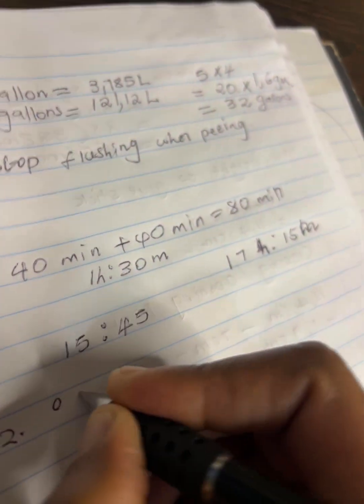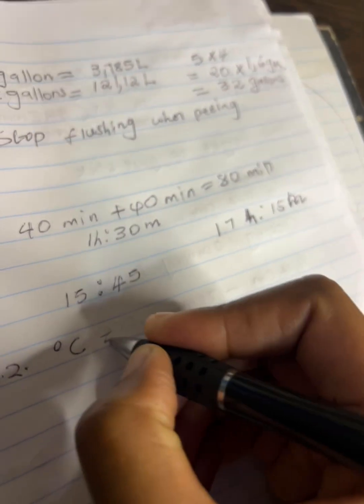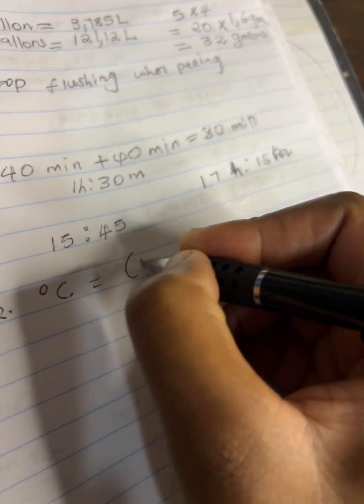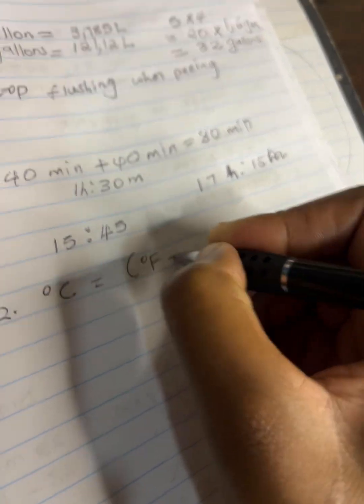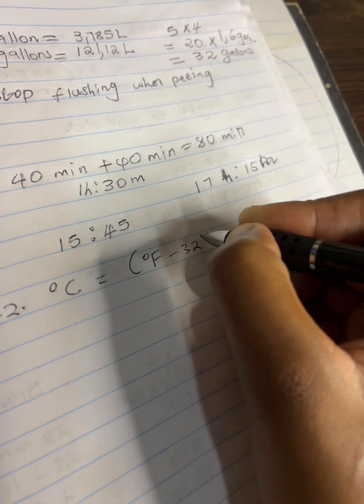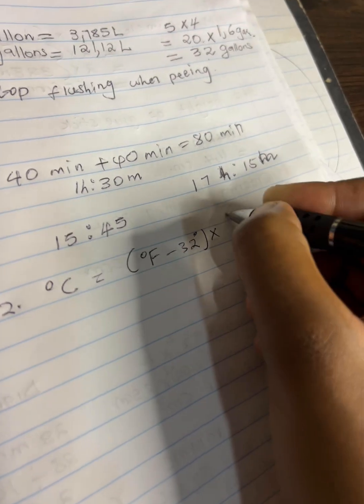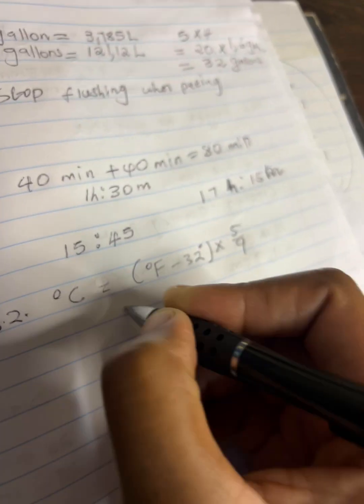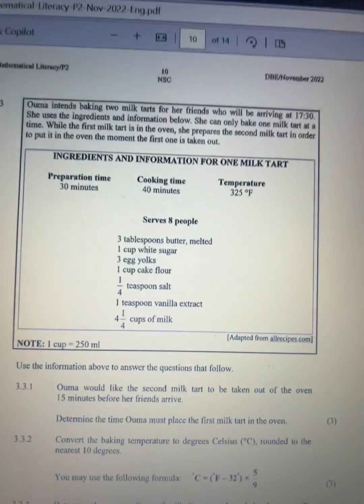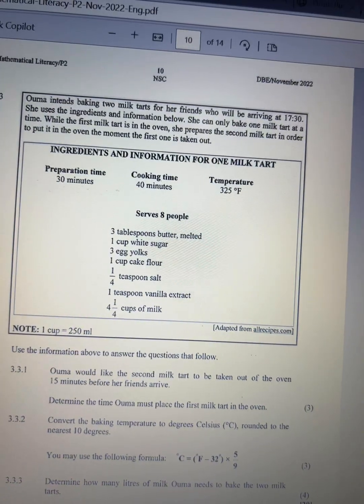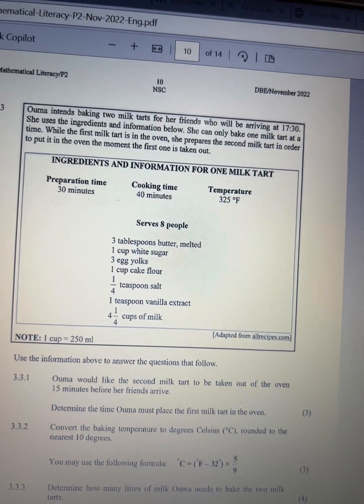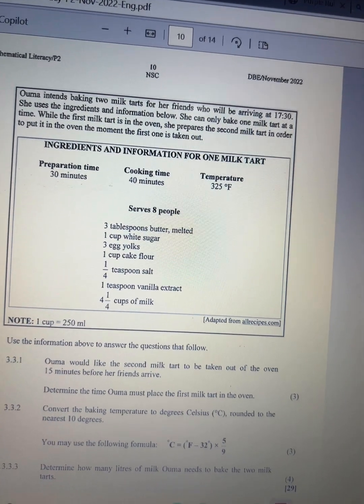Degrees Celsius equals, open bracket, Fahrenheit minus 32, multiplied by 5/9. On the question we have the temperature in Fahrenheit, so where there is Fahrenheit in the formula, we put 325.